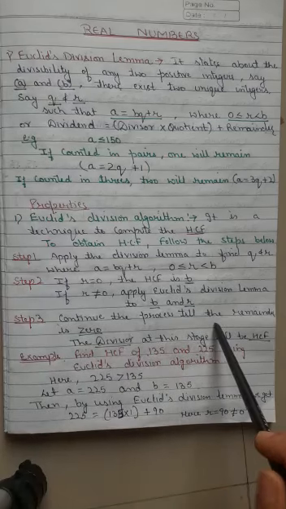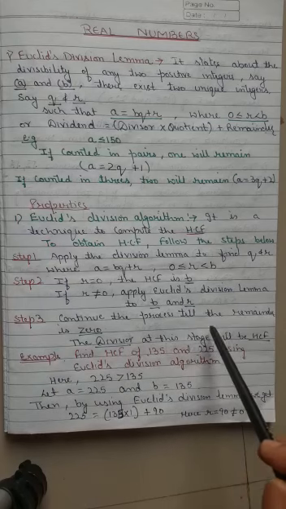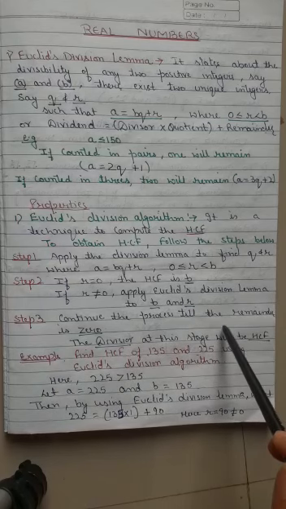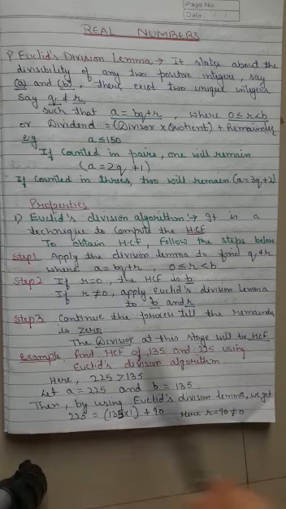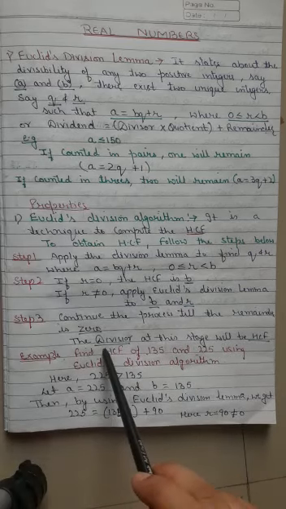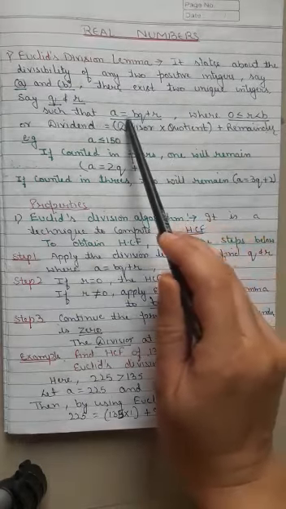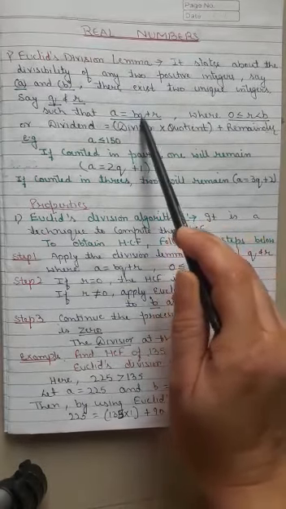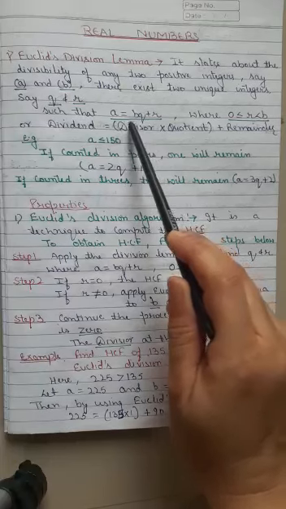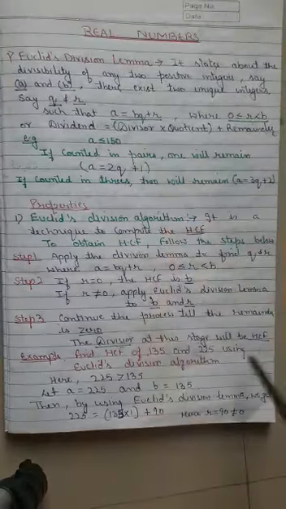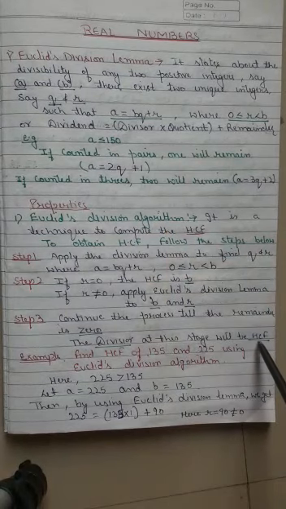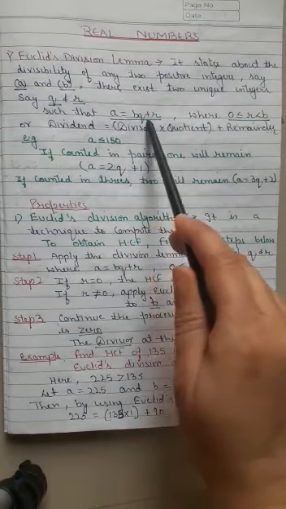When the remainder is 0, we stop the Euclid division algorithm. The divisor is the HCF. Which divisor? b. b is the HCF in our Euclid division lemma equation. Always remember that b is the HCF.